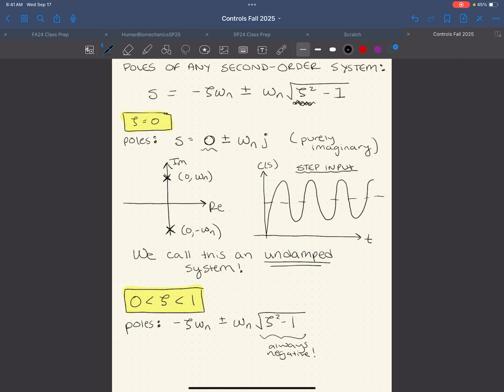Which means that we can actually pull out our square root of negative 1. I'm going to rewrite this as instead 1 minus zeta squared, and all of this is going to be times our imaginary number i.